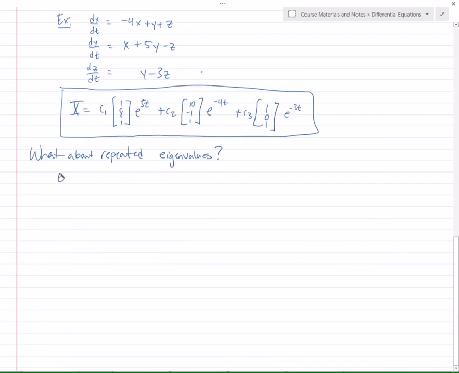Okay, so for example, consider x prime equals, I'm going to write it in matrix form, the matrix (3, negative 18; 2, negative 9) times x.